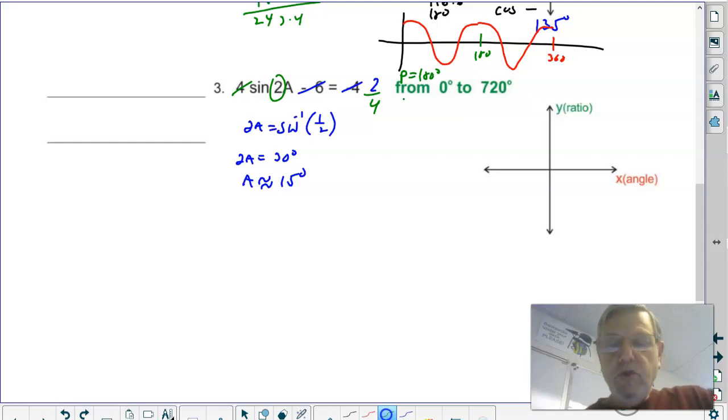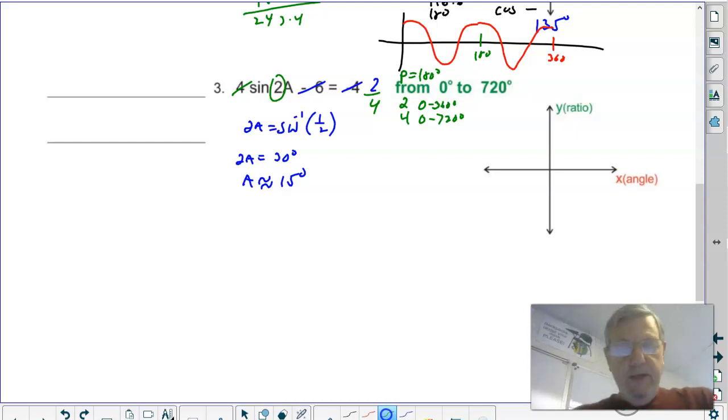So I'm going to have 2 from 0 to 360. So how many am I going to have from 0 to 720? And the answer is 4 waves. And remember, we get 2 solutions per wave, so I'm looking for 8 solutions here.